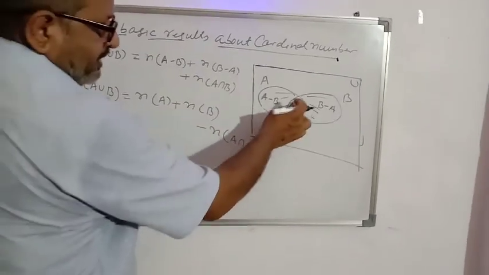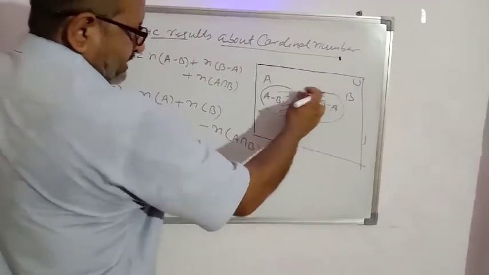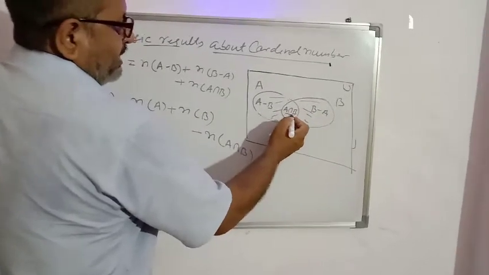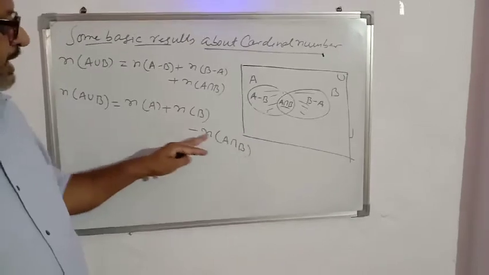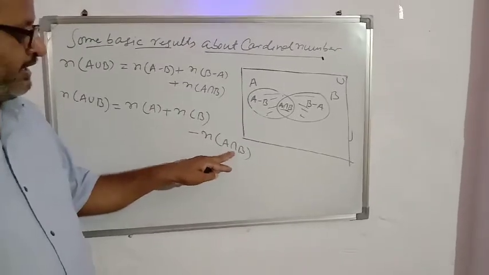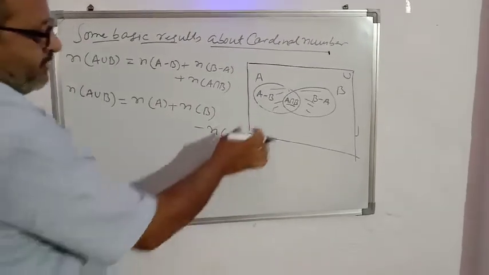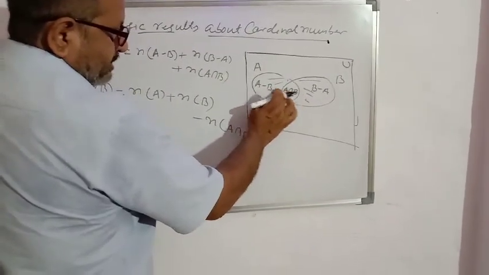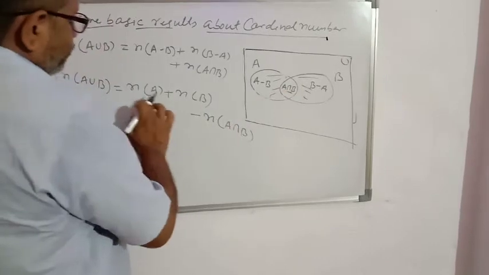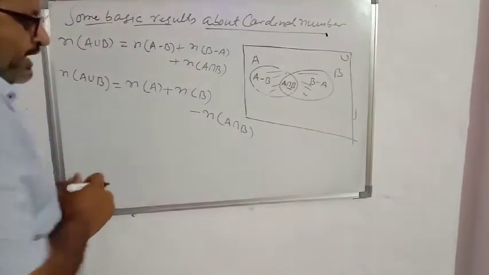Because when we take n(A) plus n(B), this region A intersection B will be counted 2 times. It is the common region, it comes in both the sets, so it is counted 2 times. That's why we have to subtract 1 time.